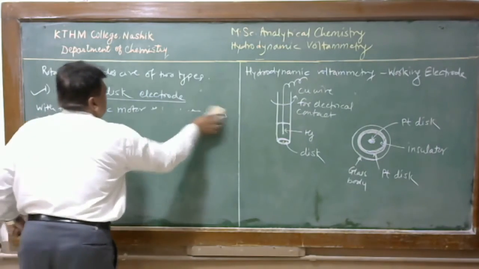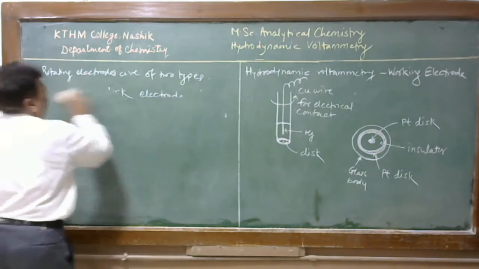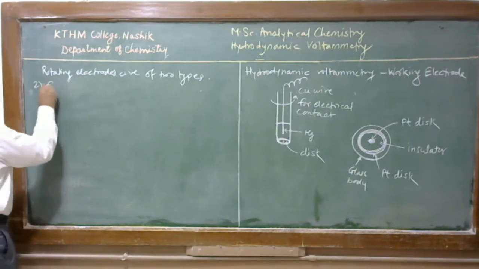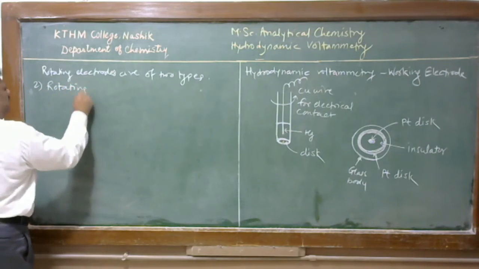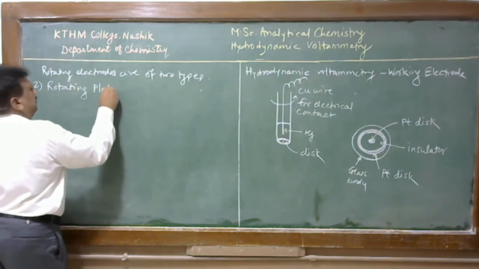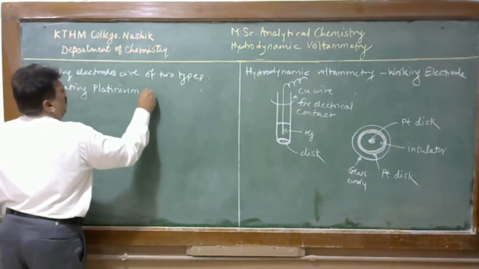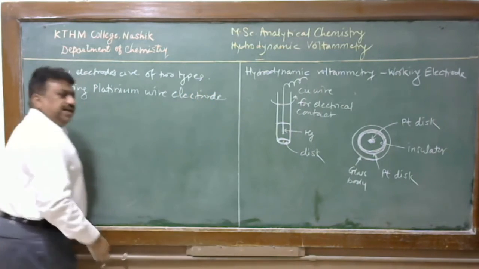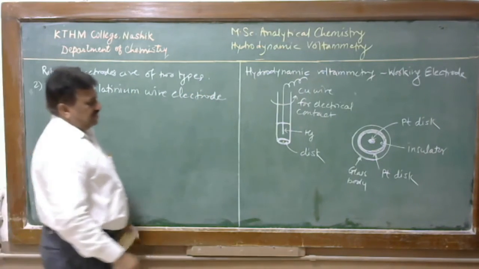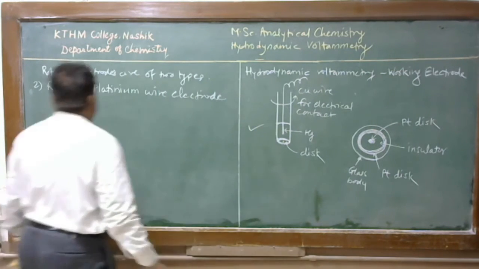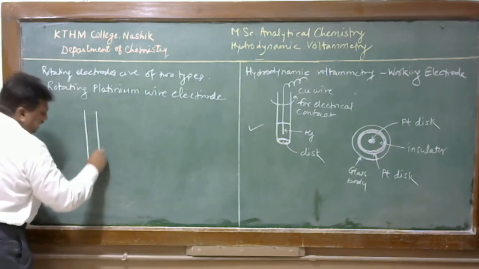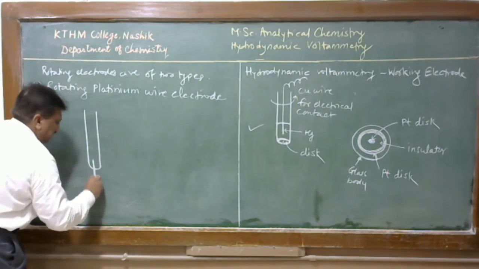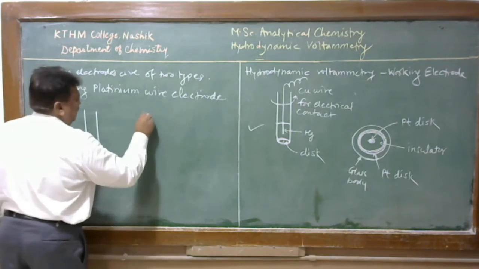Similarly, we can discuss the rotating platinum wire electrode. Rotating platinum wire electrode is also constructed in a similar fashion. It also consists of a glass tube. To the end of the glass tube, a platinum metal is sealed.